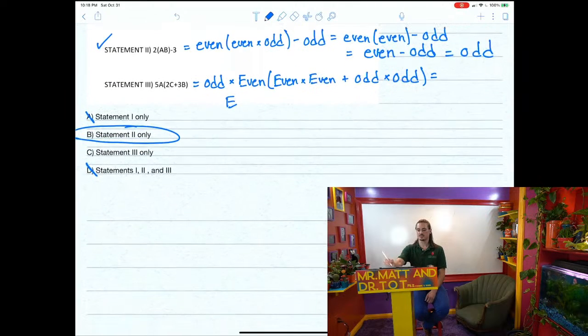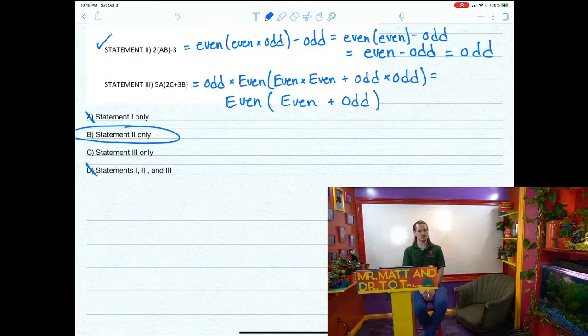Inside the parentheses, so this even on the outside is just going to carry through for now. Inside the parentheses, an even plus an odd will result in an odd. An even times an odd will result in an even. So statement 3 is not true, and therefore answer selection C is not true, and so your answer here is going to be B, statement 2 only.